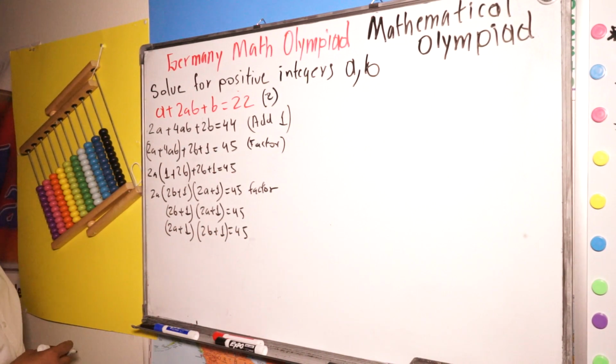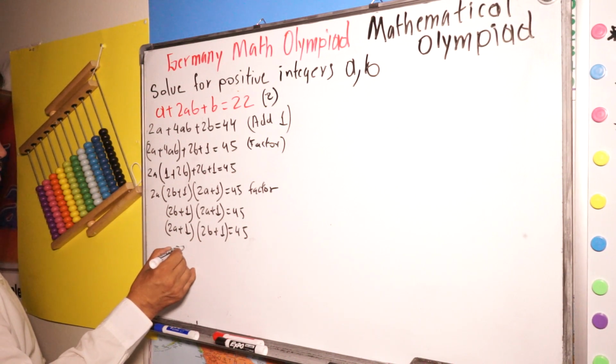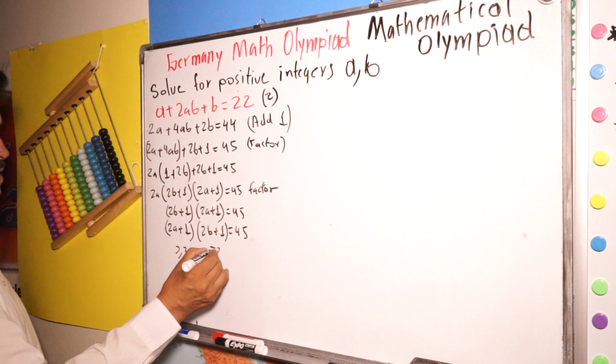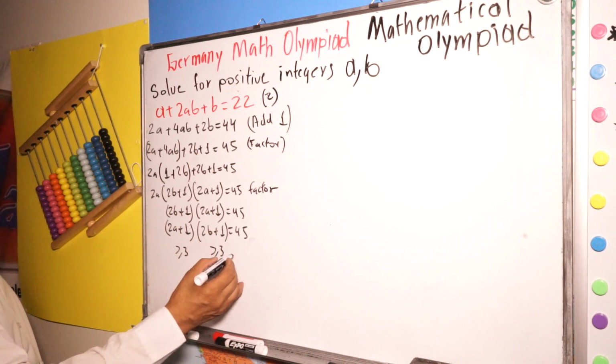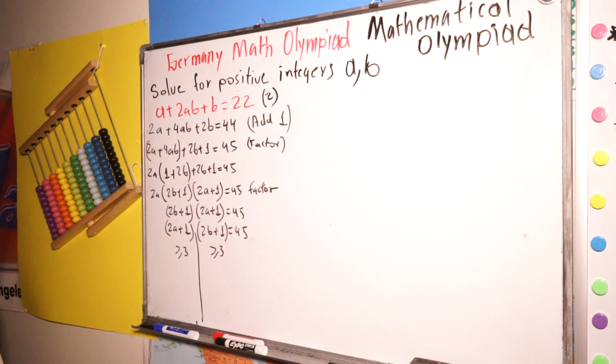All right. You see here, this is greater than or equal to 3. Just write it greater than or equal to 3 right here. I'm going to solve the problem, and I will solve it over there.